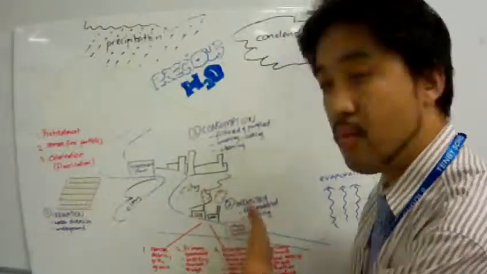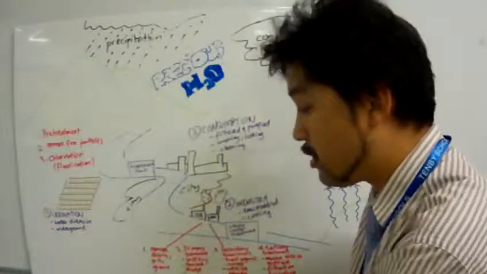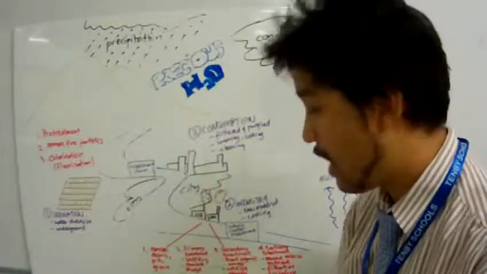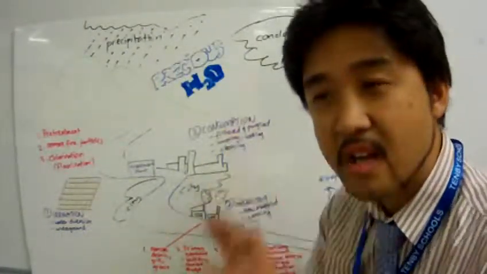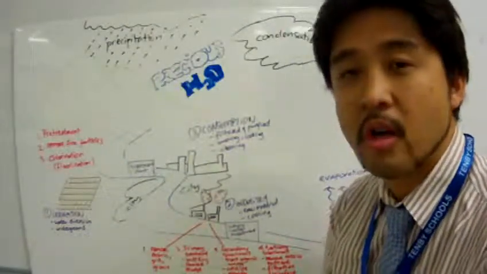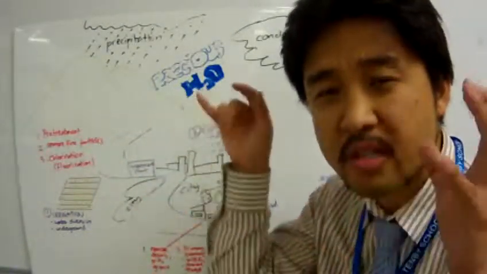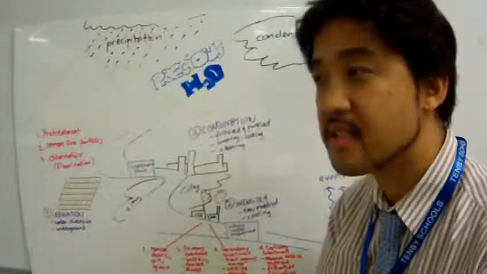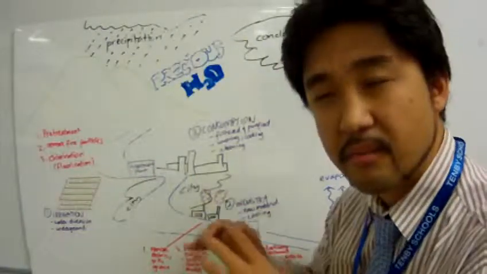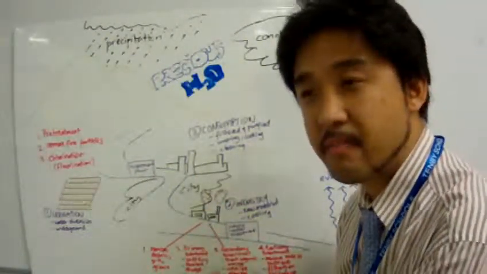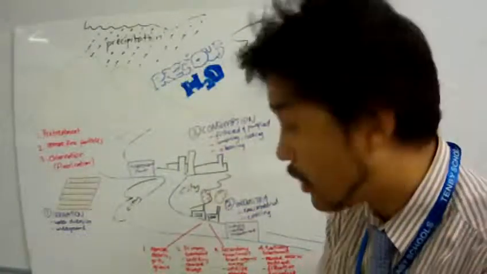Okay? So in wastewater treatment, we remove the debris, the grit, and grease. You cannot imagine how many people pour cooking oil and grease into the sink. It will clog our sinks, and it will also clog the treatment plant's pipes. So we have to remove that.